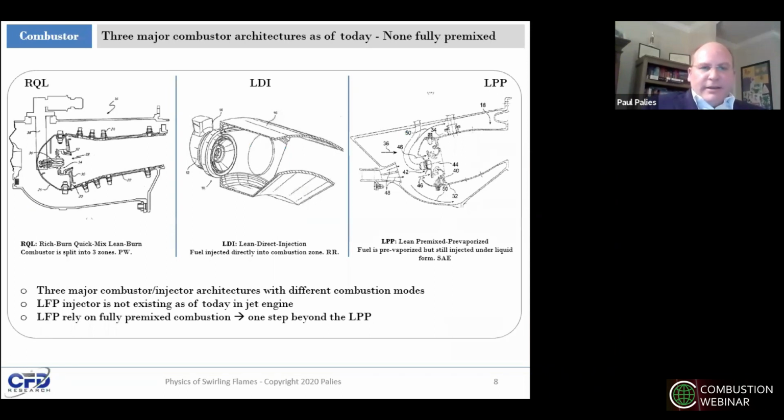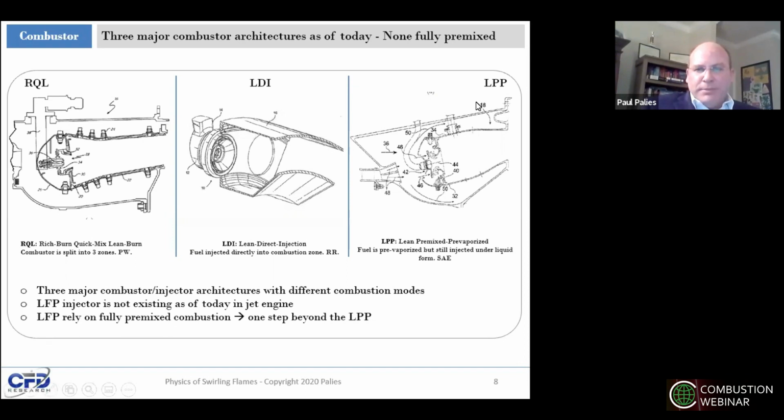So like I say, as of today, there is no fully premixed combustion system, either in gas turbine or in the propulsion area. What there is, though, is the RQL, the top left figure, rich burn, quick mix, lean burn architecture. You have the LDI, the lean direct injection, where the fuel is injected directly into the flame zone.